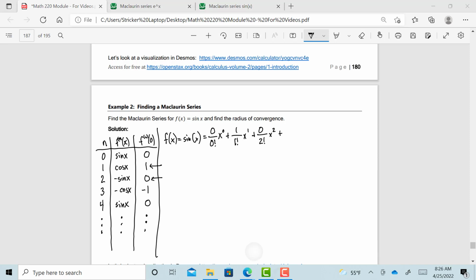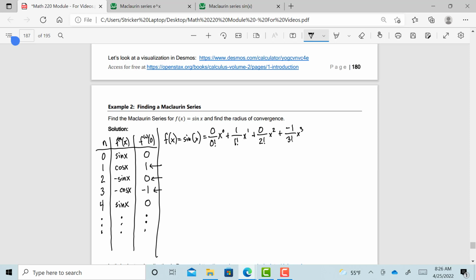So we have 0 over 2 factorial times x to the second, plus, we move on to the next value of our derivative evaluated at 0, right? So when n equals 3, we get negative 1 over 3 factorial times x to the third.